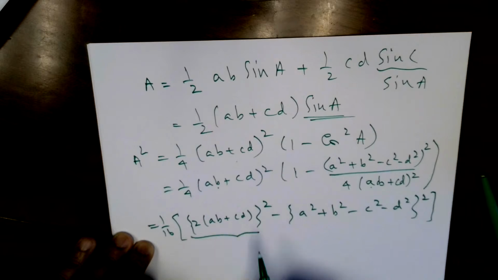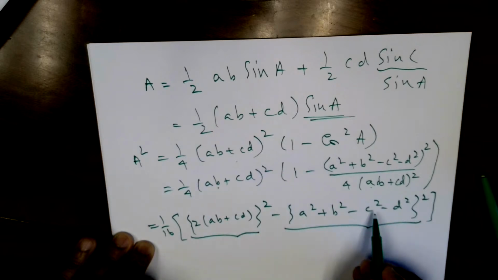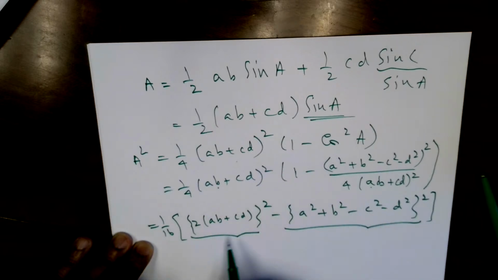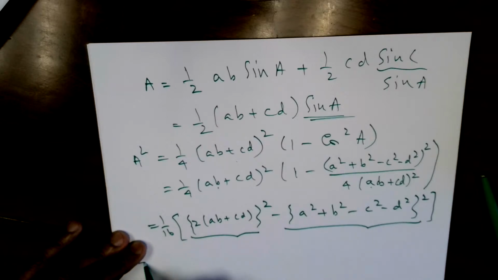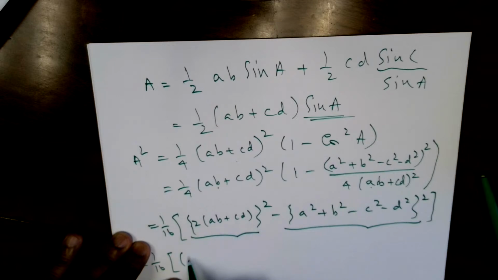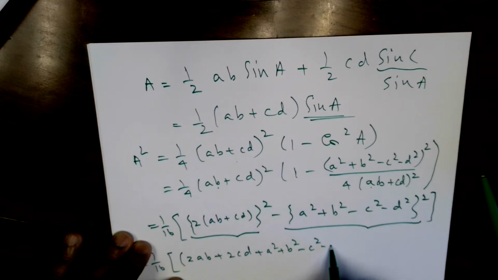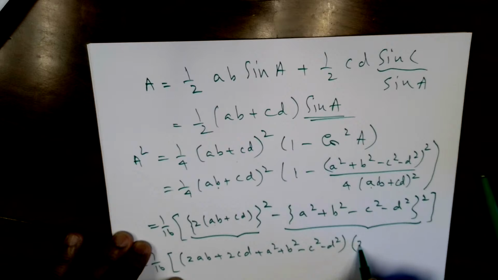So this is like x squared minus y squared. So you're going to get x plus y multiplied by x minus y. So x is this, 2ab plus 2cd, plus this, plus a squared plus b squared minus c squared minus d squared, multiplied by x minus y.